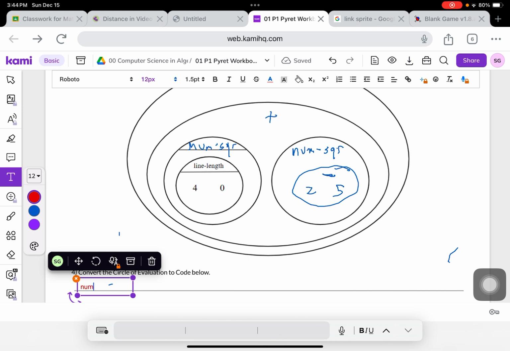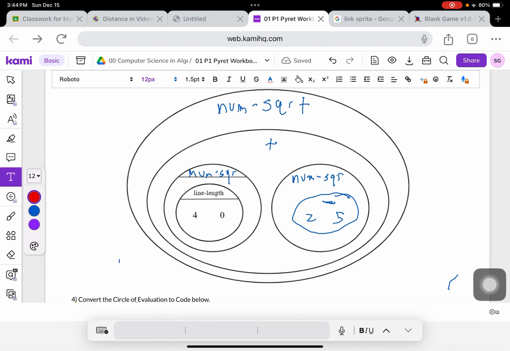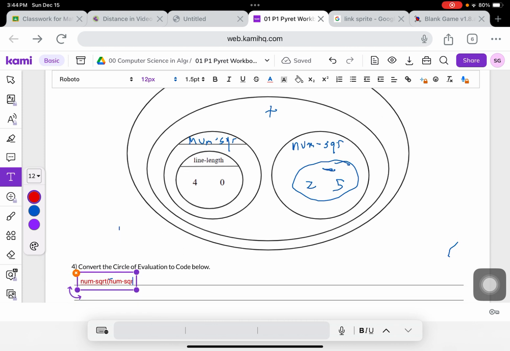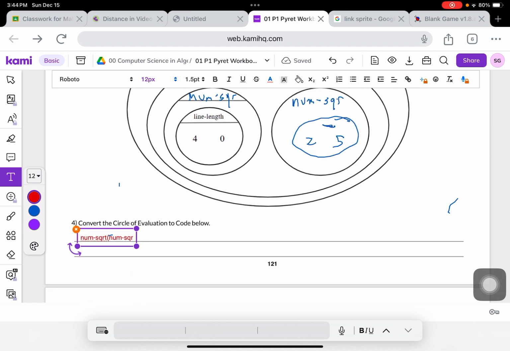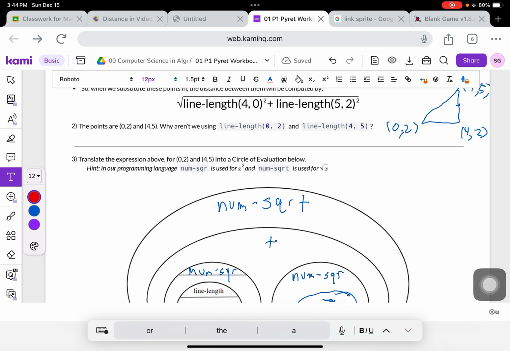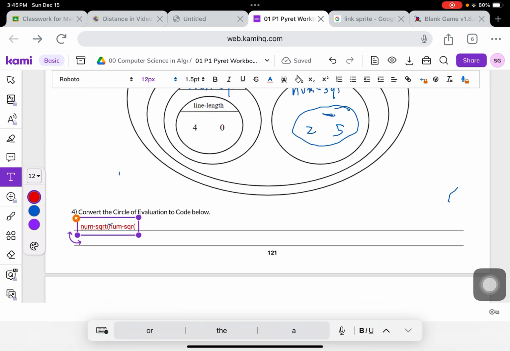So we have num-sqrt for square root, and then we're going to have num-sqr, and then parentheses. And then they just want us to do the 4 and the 0. 4 minus 0.